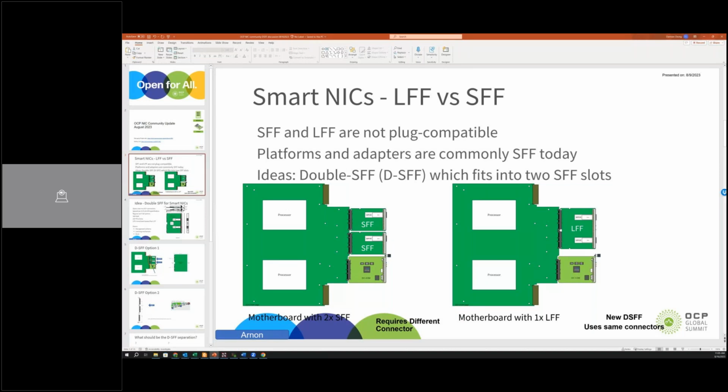Since then, just for recap, this is what we shared last week. Basically, this is the FLW dimension, and it can support two small form factors. A single large form factor is a bit difficult for motherboard vendors, because it's two different FLW motherboards.